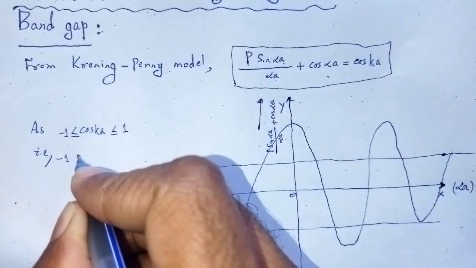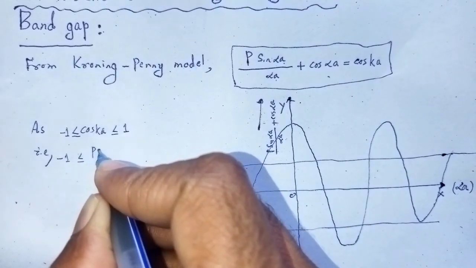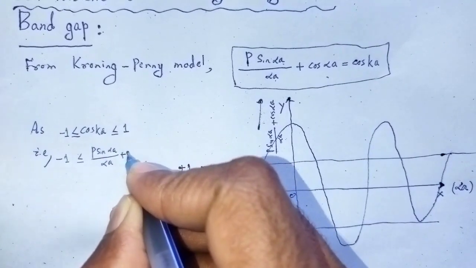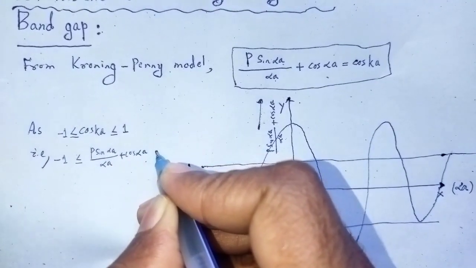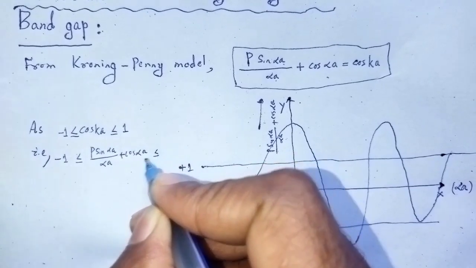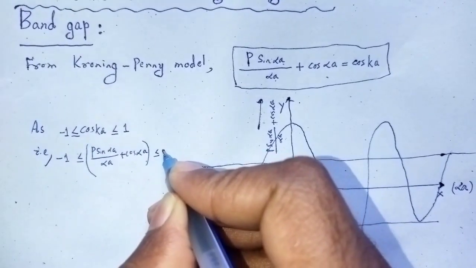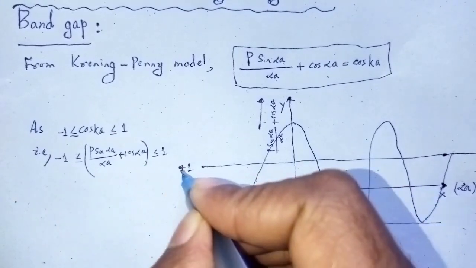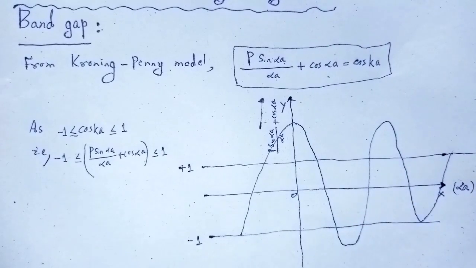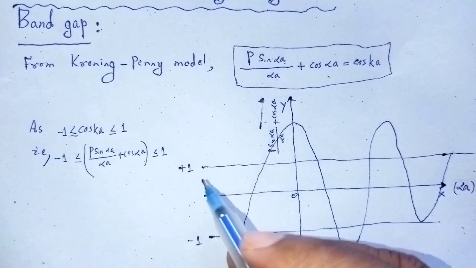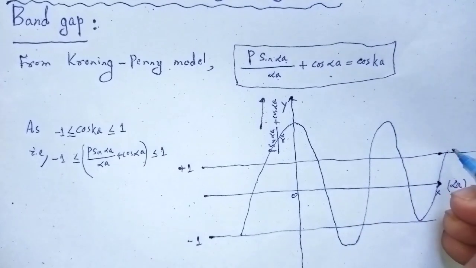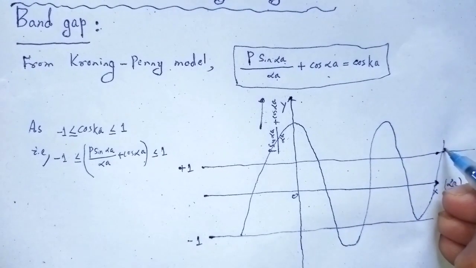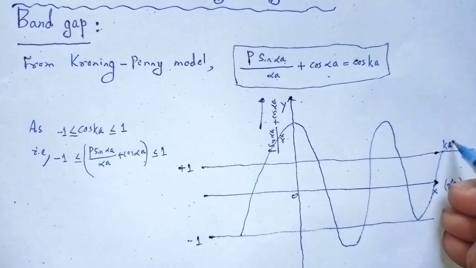So, -1 is less than or equal to P sin alpha a divided by alpha a plus cos alpha a, which is less than or equal to +1. That is the value of cos Ka, which is the value of Ka.